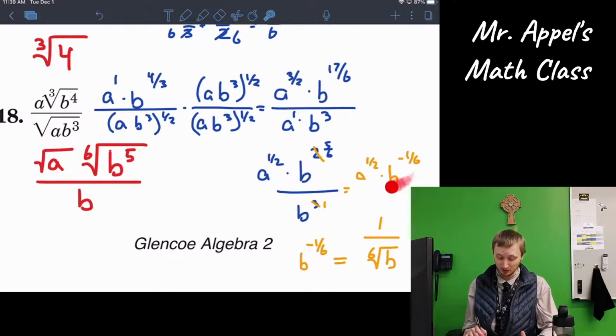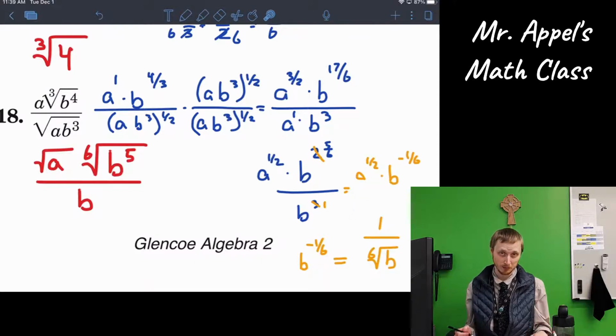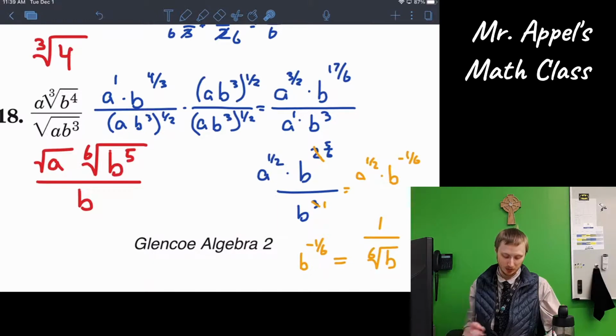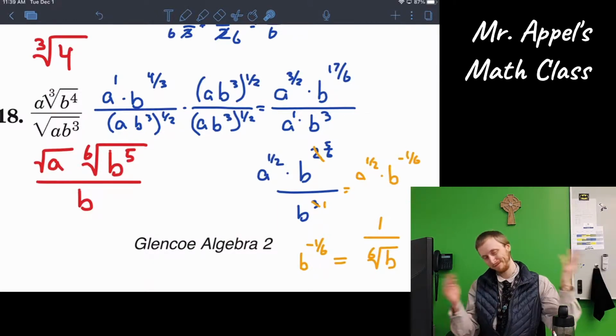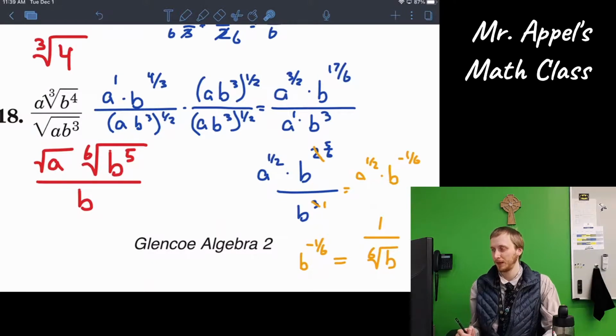I think this looks just way better and easier to work with. Again, that's why I'm biased towards the exponents there. Otherwise, you'd put b down below and be a to the 1 half divided by b to the 1 sixth. But they want only whole numbers, integer exponents in the denominator. Okay, there you go. That's why they wrote it that way.